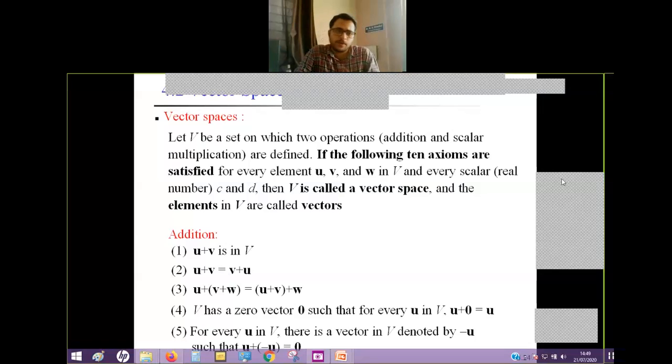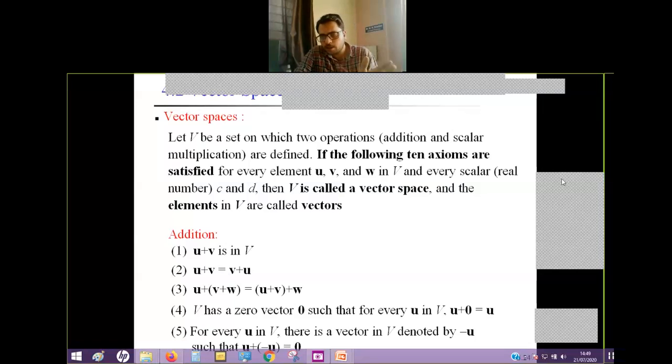Let V be a set of vectors on which two operations, addition and scalar multiplication, are defined. If the following 10 axioms are satisfied for every element, which axioms? The axioms which we are going to study now, 10 axioms in number.